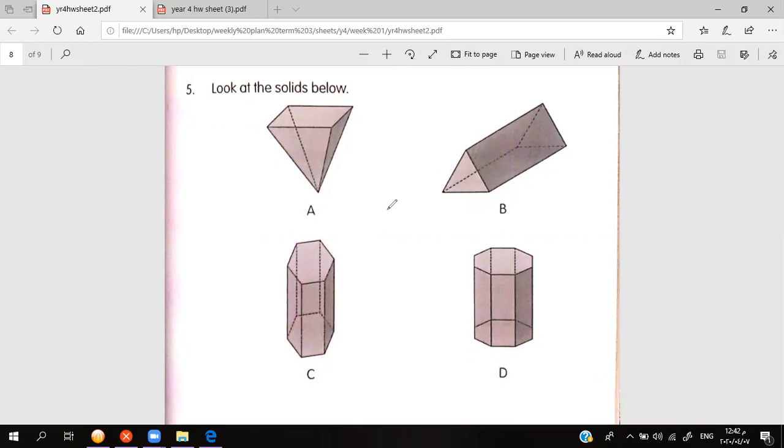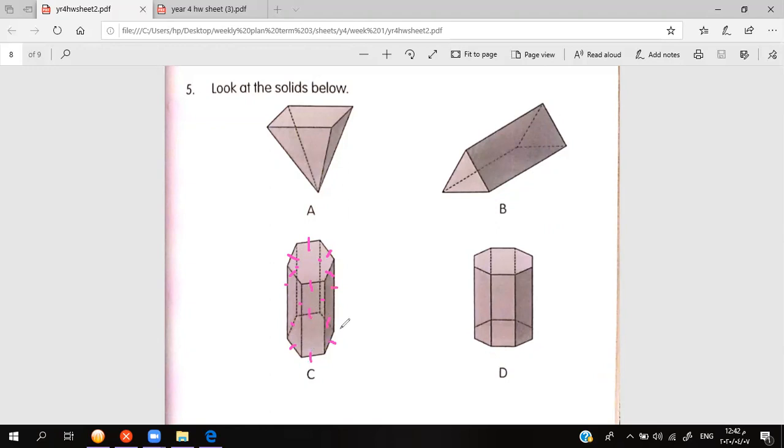How many edges? 1, 2, 3, 4, 5, 6, and then 7, 8, 9, 10, 11, 12, 13, 14, 15, 16, 17, 18.